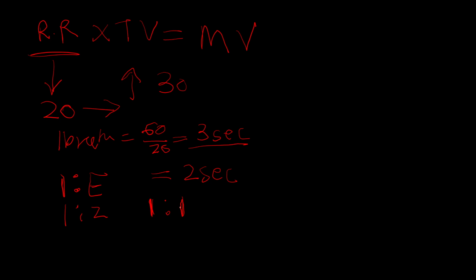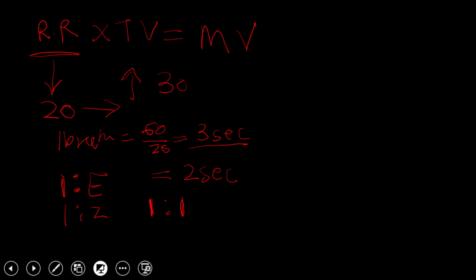So there may be air trapping, or there may be generation of auto PEEP, and because of this effect of increased respiratory rate, you should be aware of this phenomenon. This is the important thing to understand about the respiratory rate, which is also now included in the calculation of mechanical power.